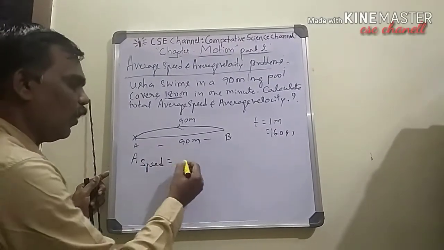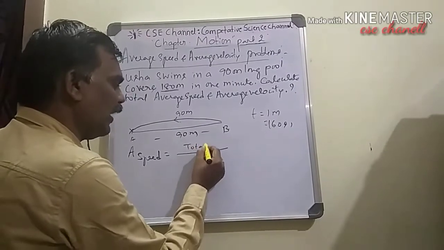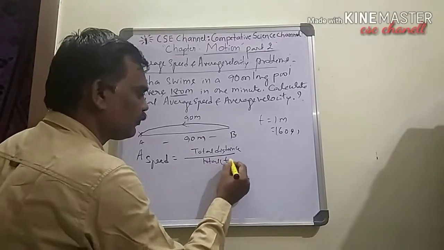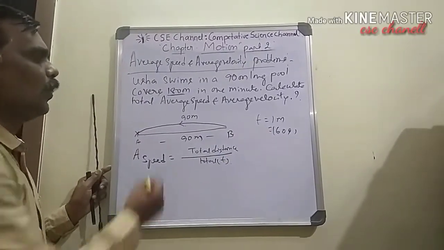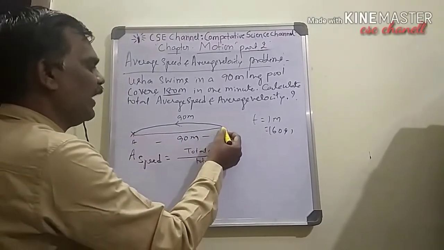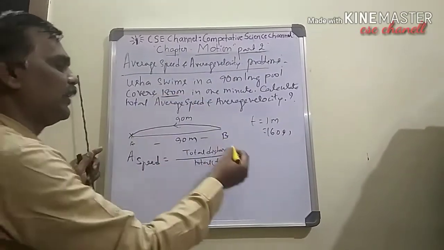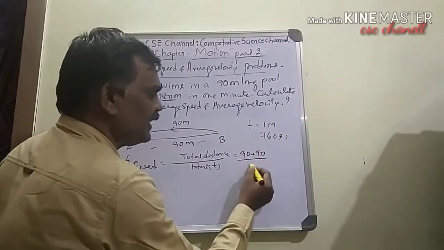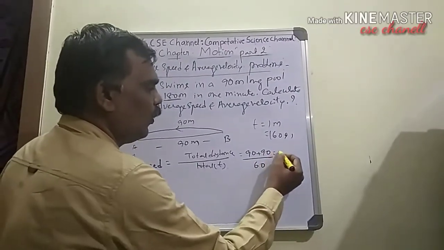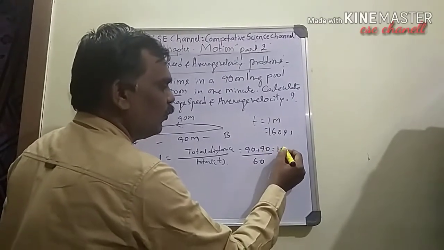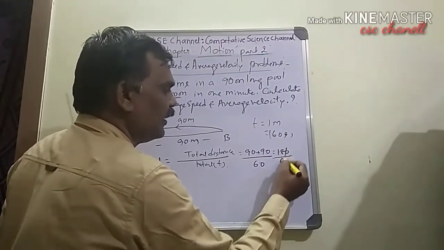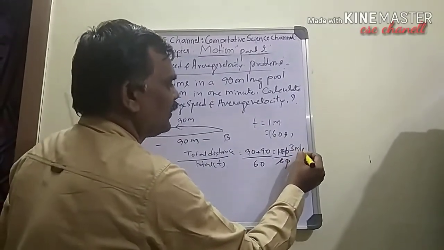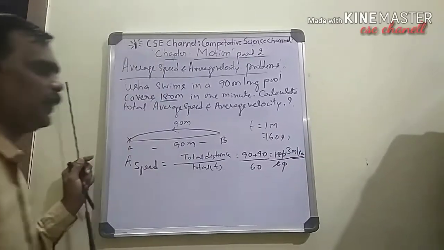Average speed, as you know already, is total distance divided by total time taken. So she covers 90 plus 90, 180 meter, divided by 60 seconds, that is 3 meter per second. This is the average speed.